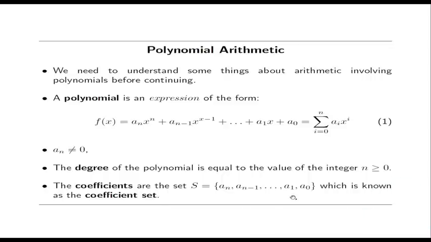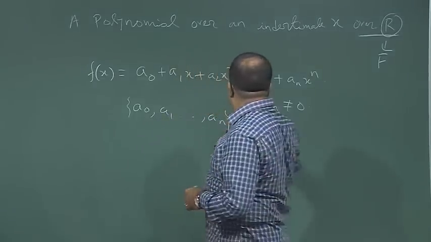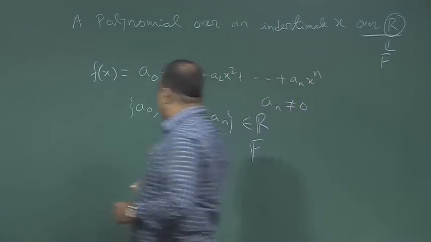These coefficients are coming from some ring, or it could come from some field. Now this polynomial will be called a monic polynomial if the coefficient of an is 1.